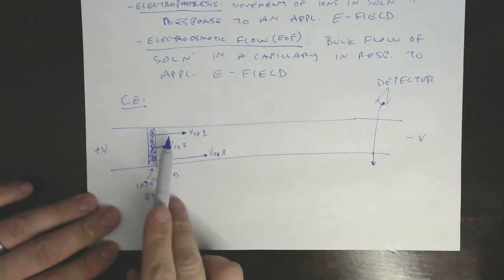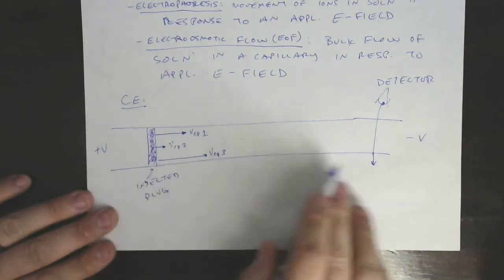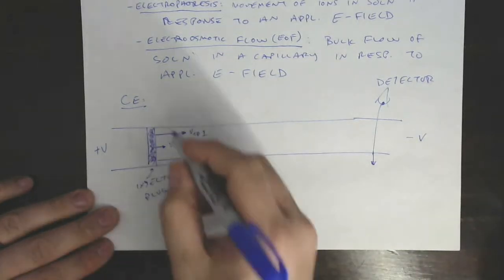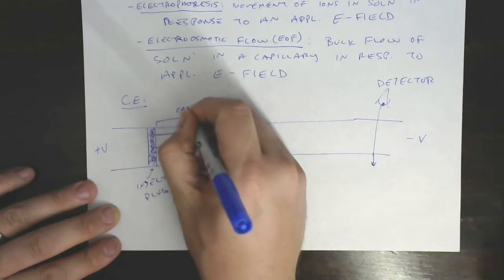But the thing to know about all three of these electrophoretic velocities is they're moving away from plus and towards negative. That means they all have positive charges. All of these velocities belong to cations.